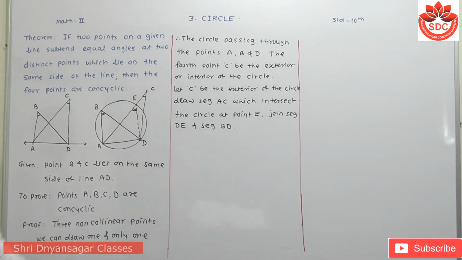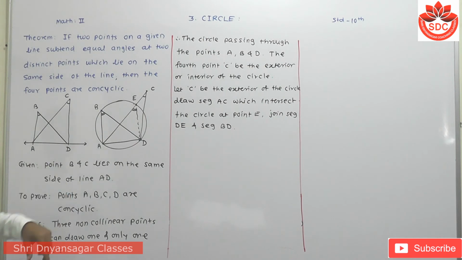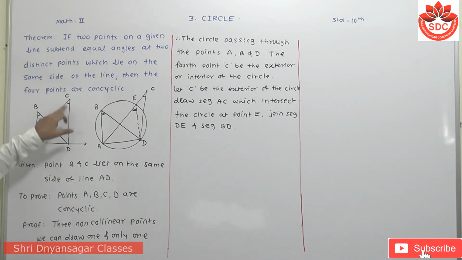BD and ED also here. Then the angles are formed. Which angles are formed? These angles are congruent, and already the given is that these two angles are also equal.